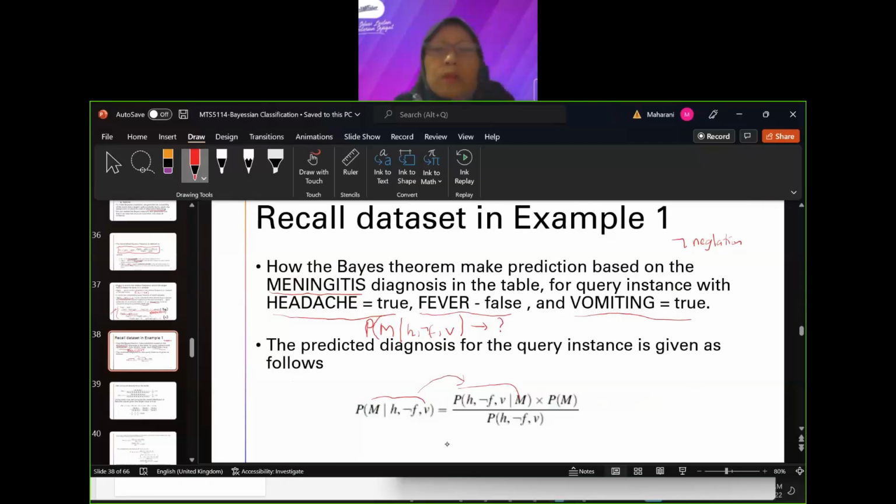So the posterior, the given part, is H, non F and V. But the likelihood is the opposite: now we have P of H, non F, V, and the given part is now M. Then multiply with the probability of M, then divide by the probability of H, non F, V. So this is from the Bayes theorem.